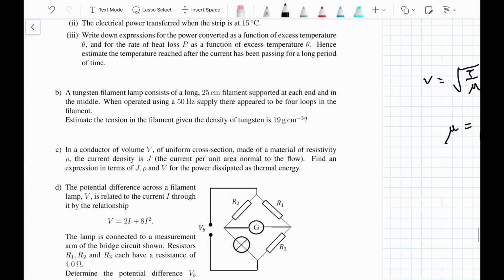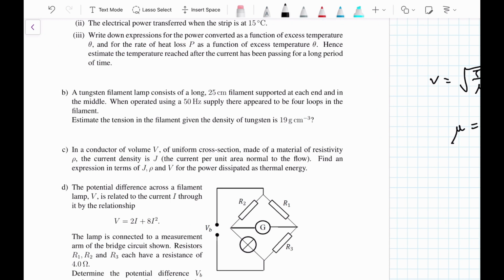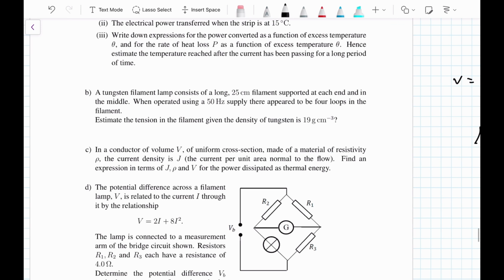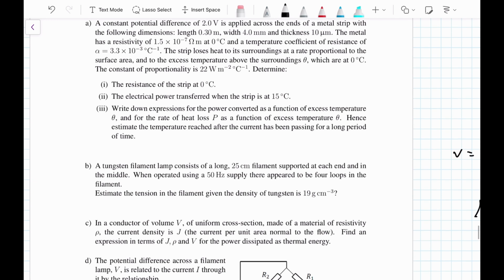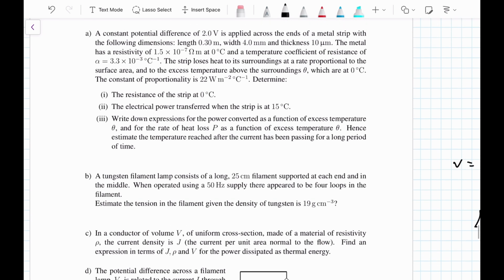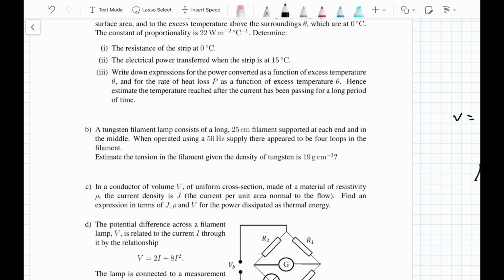And we aren't given any information regarding the area. I suppose it says estimate, so we can estimate a value for it. We can look at the previous question. Over here it says a metal strip with 4 millimeters. So maybe we can just directly use 4 millimeters as an estimation for the filament.